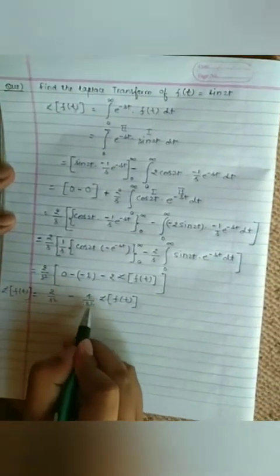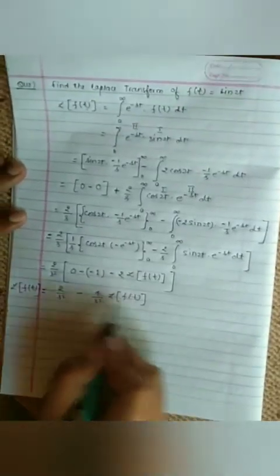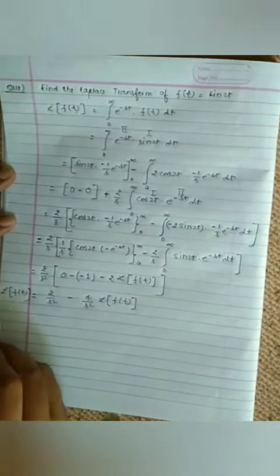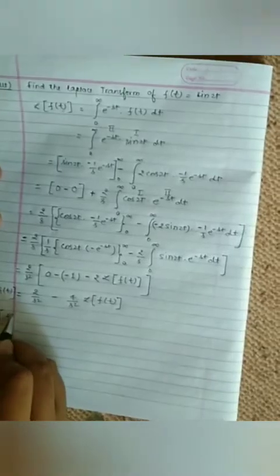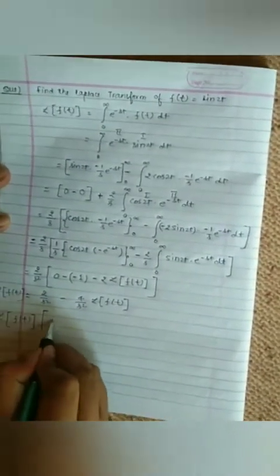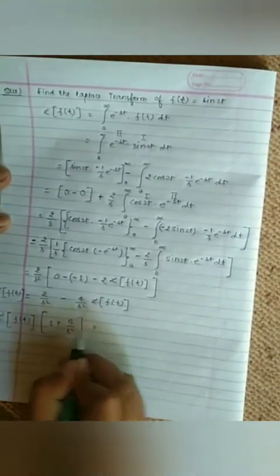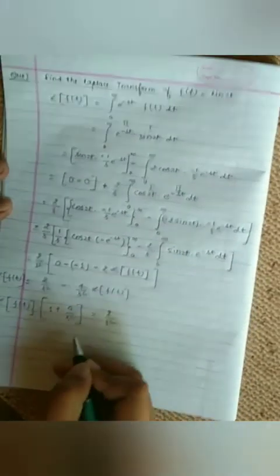Now we send this 4 by s square Laplace of f of t to this side, and we take Laplace of f of t common from both. So Laplace of f of t, when we take common, we are remaining with 1 plus 4 by s square equals, and on this side we are only remaining with 2 by s square.